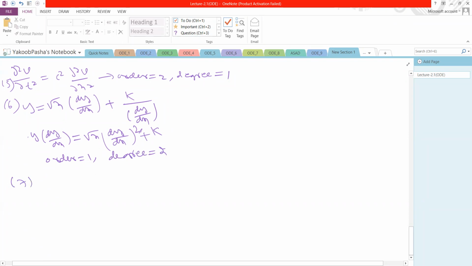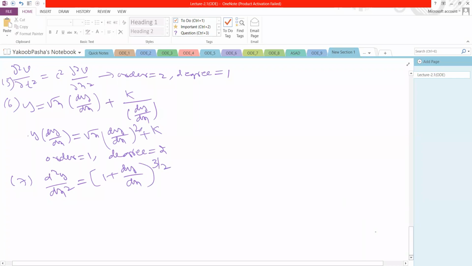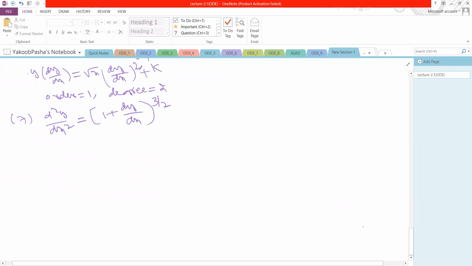I am taking another example. d square y by dx square is equal to 1 plus dy by dx whole to the power of 3 by 2. Okay, when there are fractions like this, we need to eliminate those fractions. Square on both sides.